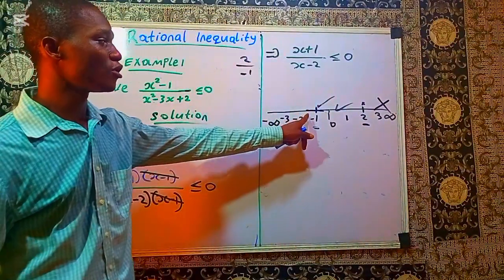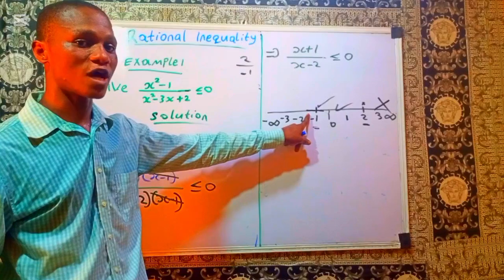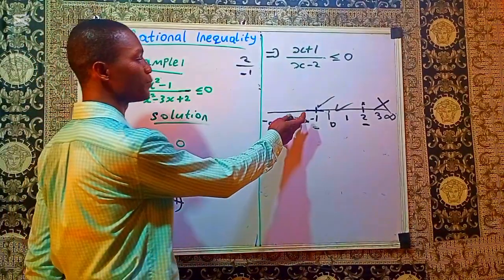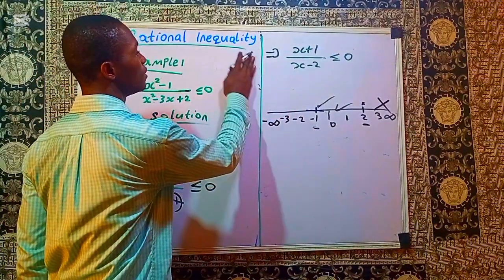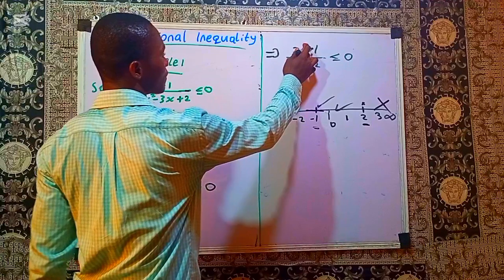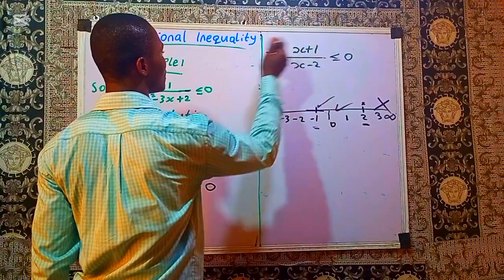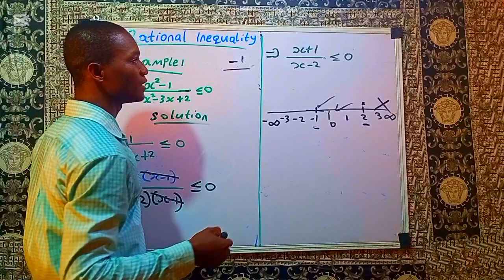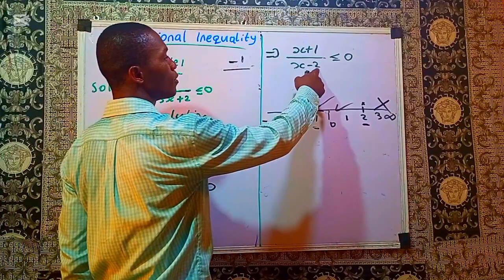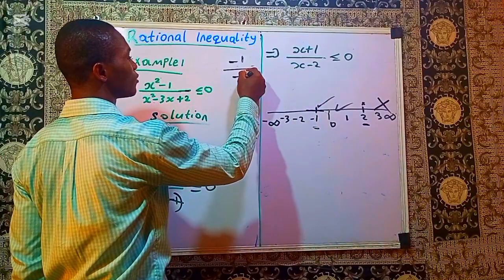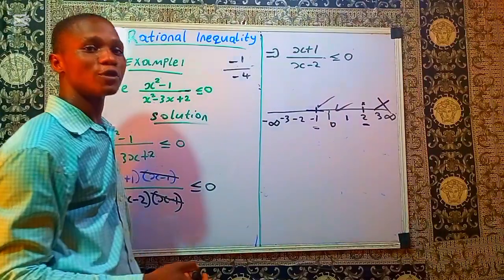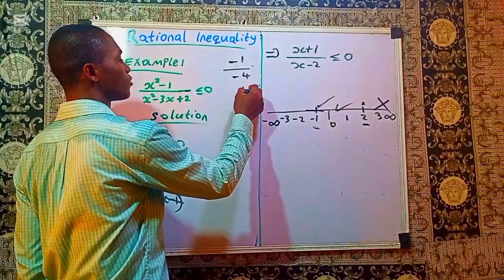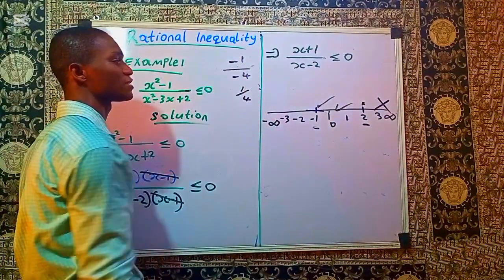Now look at numbers smaller than minus 1. Pick any number smaller than minus 1. You can pick minus 2 for instance. If you put minus 2 here, minus 2 plus 1 gives you minus 1, divided by minus 2 minus 2, which gives minus 4. And minus 1 divided by minus 4 gives you 1/4, because minus will cancel minus.